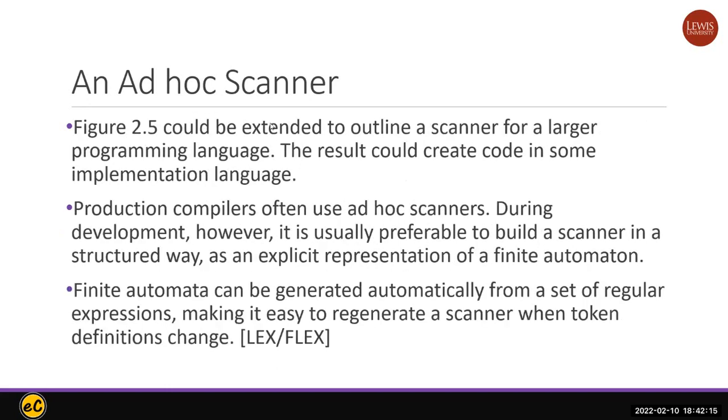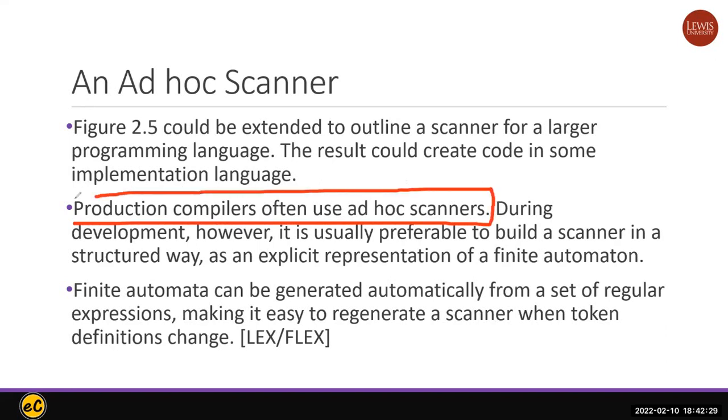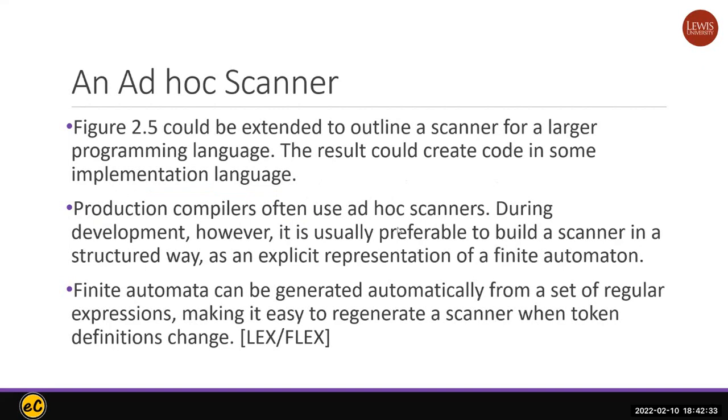So here we actually look at the so-called ad hoc scanner. Production compilers often use ad hoc scanners. That's the truth, because a scanner is not that difficult to write. So usually it will be using an ad hoc scanner, and you use a table-driven scanner just because you can develop a scanner in a shorter time to prototype some compiler.